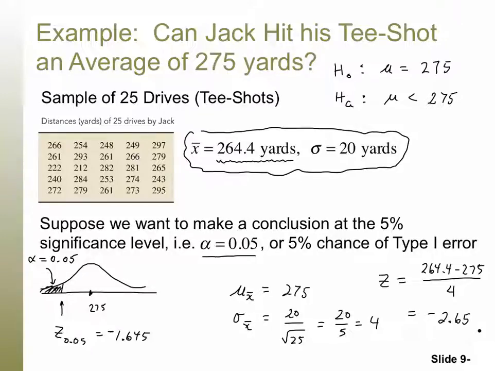So if his mean is 275 and he hits a sample of 264.4, that is 2.65 standard deviations below the mean. Where is that on here? Is it in our rejection region or our non-reject region? It's over here, right? And it's really bad. It's like a whole standard deviation lower than this.